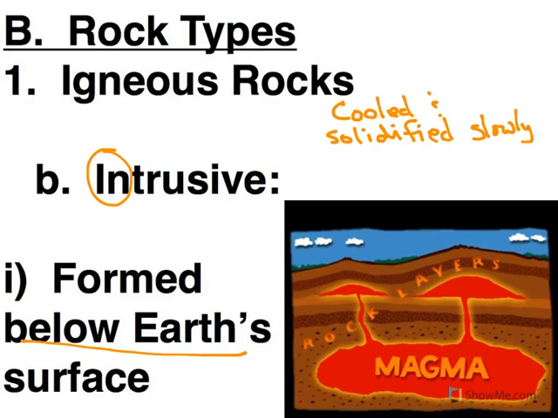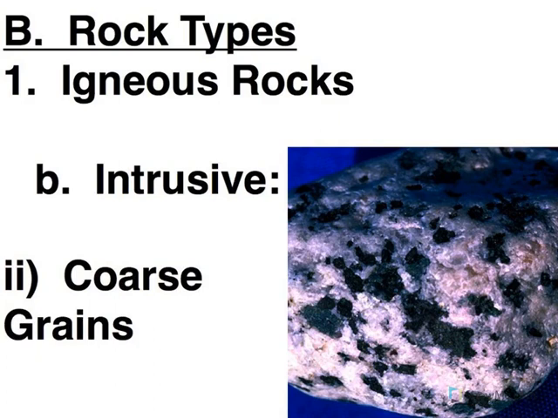Because it's going to take longer for the heat to radiate away if it's inside of the Earth. And what we find is when things form slowly, you get large or coarse grains. So here we see an example of an intrusive igneous rock. And so all of these features that you see here, these black spots, those are the grains.